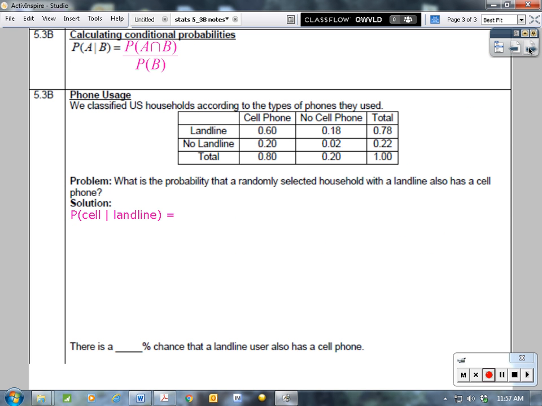Okay, so just to remind you, calculating conditional probabilities, the probability of A given B is the probability of A and B over the probability of B. And so then we actually have this ability to, with conditional probability, go ahead and manipulate this formula.